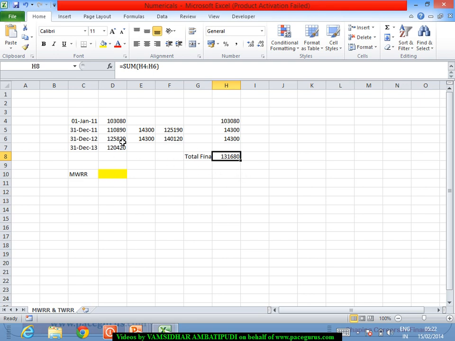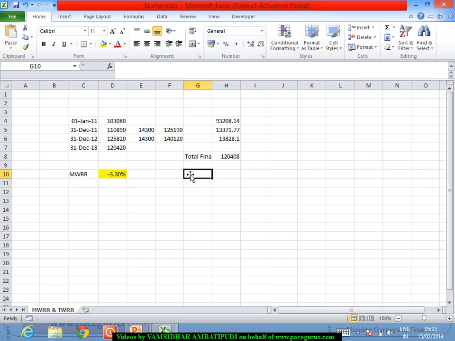Obviously we know that there is a loss, so if I start putting minus 3% or something, I am coming to 121, so probably minus 4%, 118, so minus 3.3%, I am more or less there. So minus 3.3% looks like the money weighted rate of return.